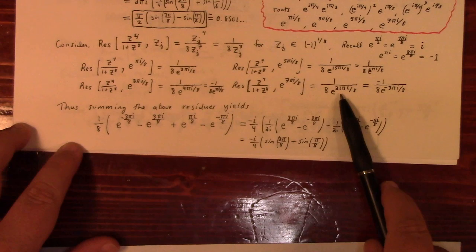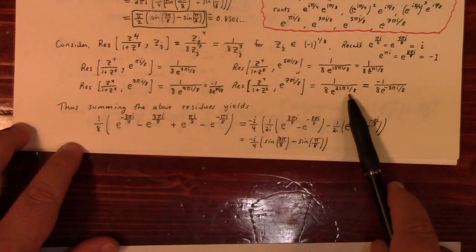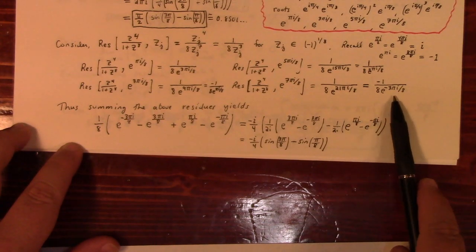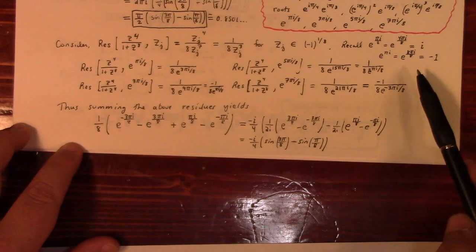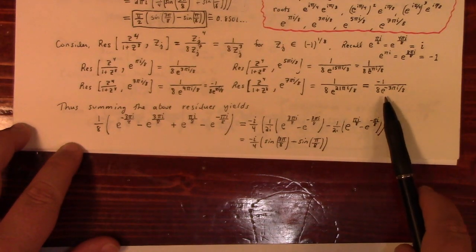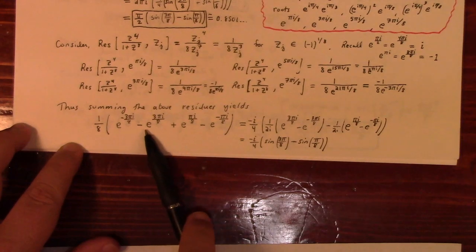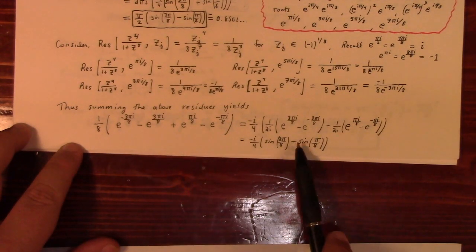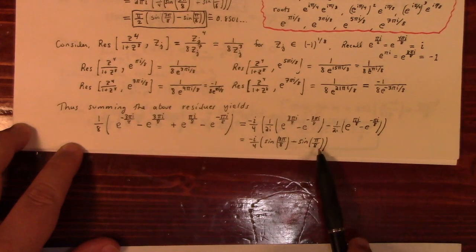So I get a minus e to the 13 pi i over 8 downstairs, and then I subtracted 16, as I can do because 16 pi over 8 is 2 pi, so by the 2 pi periodicity I get that. Anyway, this simplifies to that, and then when you add all of these things together, tilt your head and squint, you can turn these into sines of 3 pi over 8 and pi over 8, and you get that.